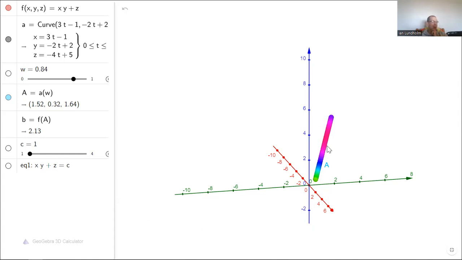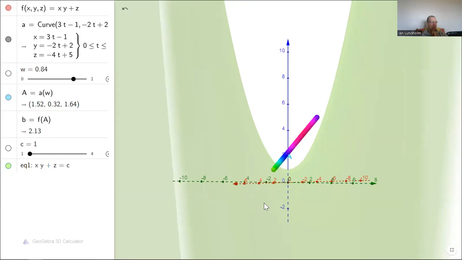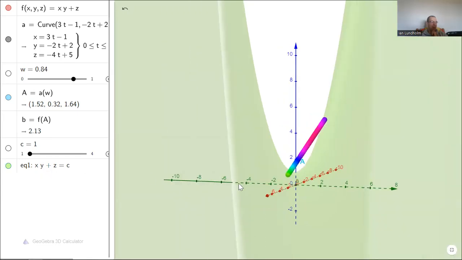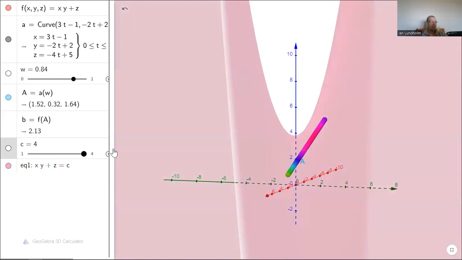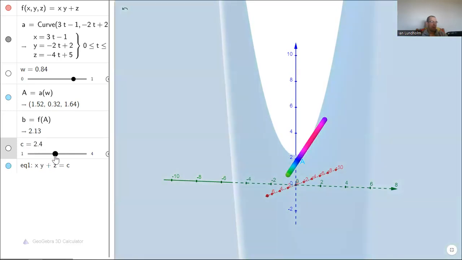This coloring is happening based on functions that look like this. They're very saddly because we've got x times y plus z. Right now, this is a level curve of the function in question. And at different heights, or different level curves, I've got these change with the colors so that they match the color that I made on the line.